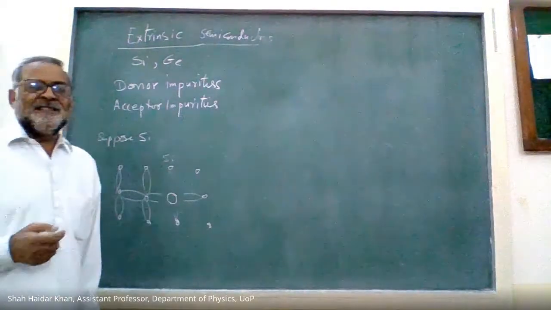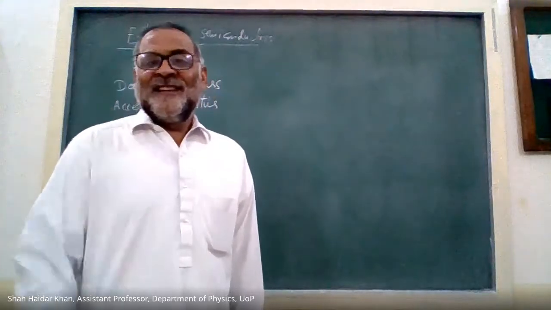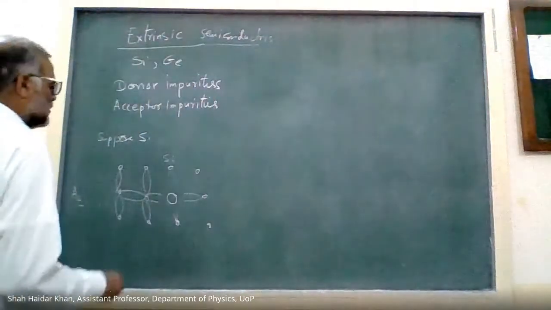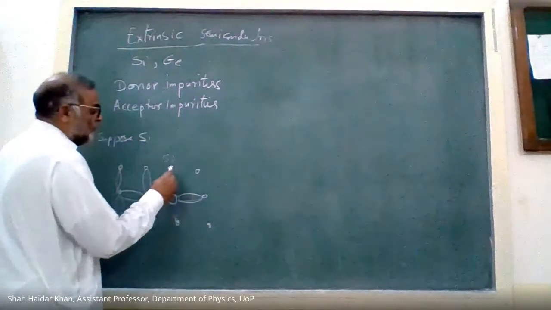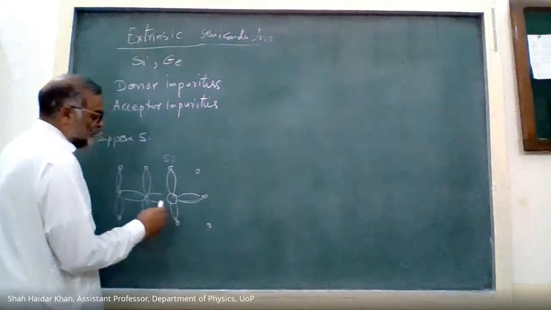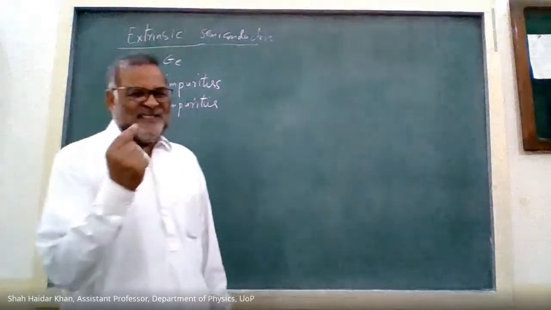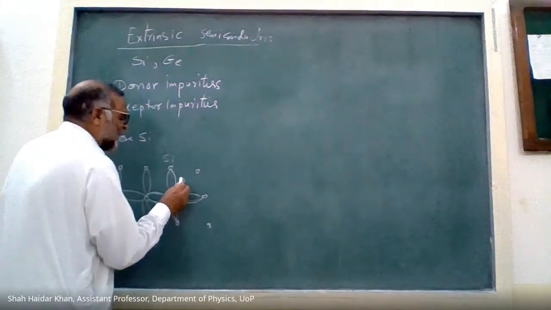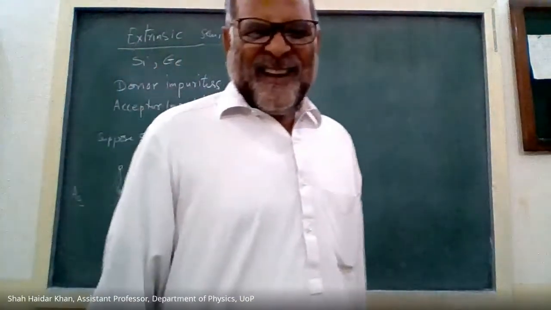So arsenic has a valency of 5, right? So it has 5 electrons in the outermost shell. The bond with this neighboring silicon will be full, the bond with this silicon will be full, and there will be an extra electron that will be kind of dangling, because it will have smaller energy.